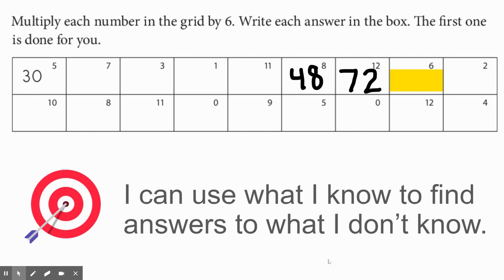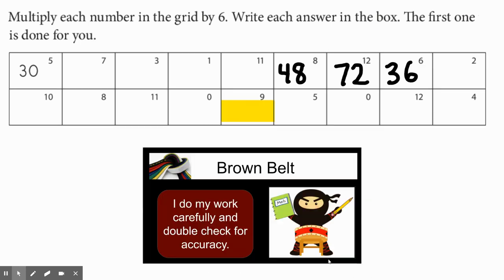All right, let's give 6 times 6 a try. Mrs. Peters got 36 for 6 times 6.